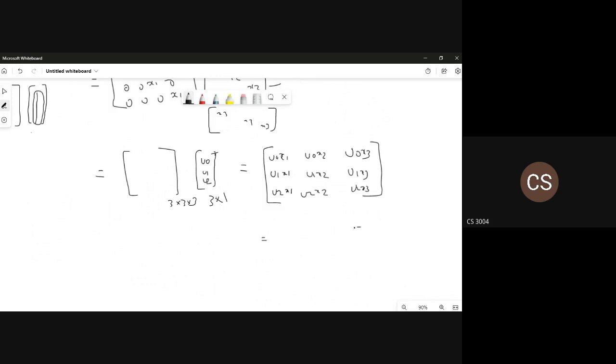Okay, so since I keep this u0, u1, u2 as a column vector, this is how the input is, which is of size 3 by 1. Then I transpose the input, x1, x2, x3, which is 1 by 3. This is simply the incoming gradient after computing all the previous steps.